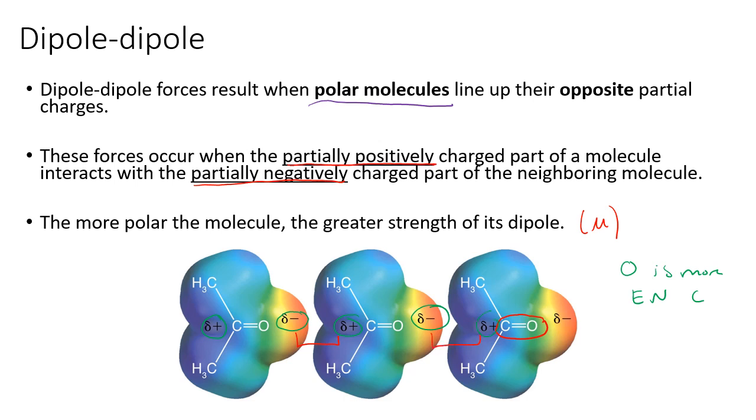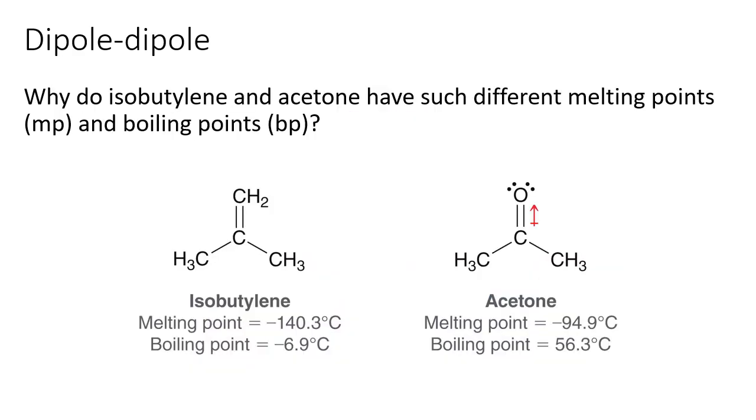And that's how they orient themselves, like these little magnets of just positive and negative charges. So positive, negative, positive, negative, positive, negative. But in order to have dipole-dipole interactions and have that lining up, you have to have a polar molecule first and foremost. So what we just talked about would have been something you learned in general chemistry.